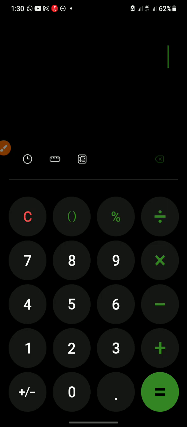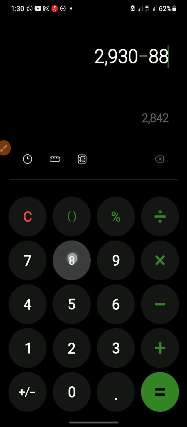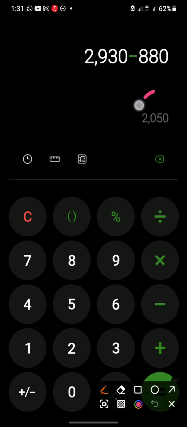Let's do 2,930 minus $880. You see how much you are making? In just a few weeks, you will make this amount. And do you know the funny thing? As you make this amount, you still have your 1,000 pie.